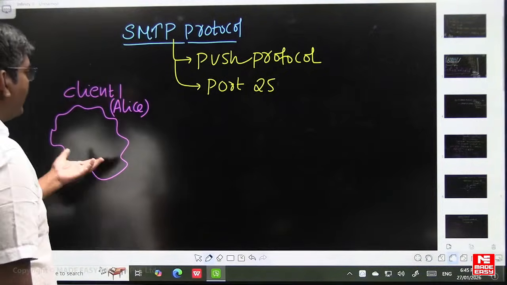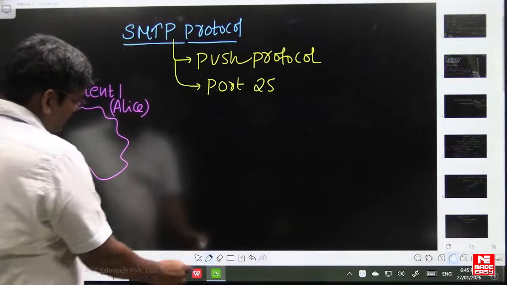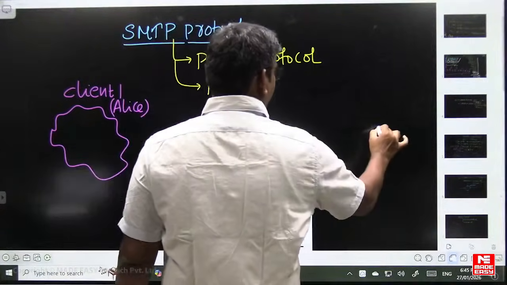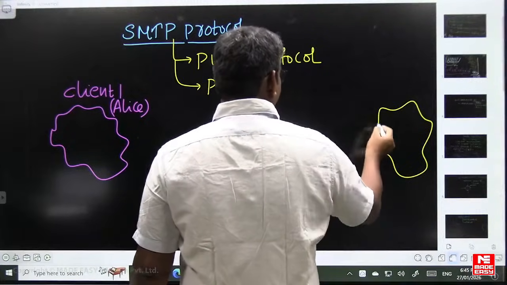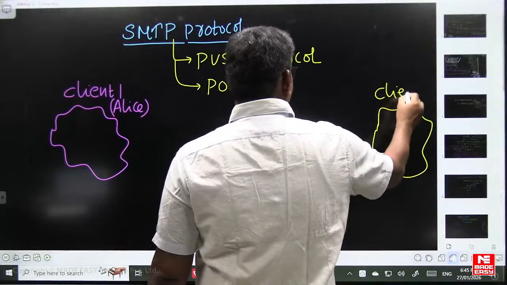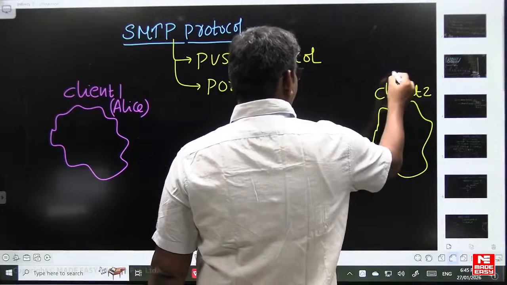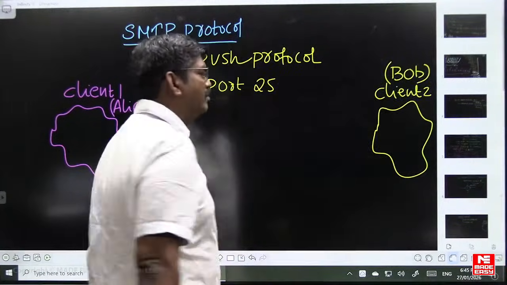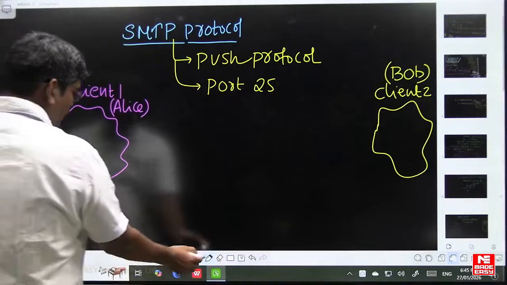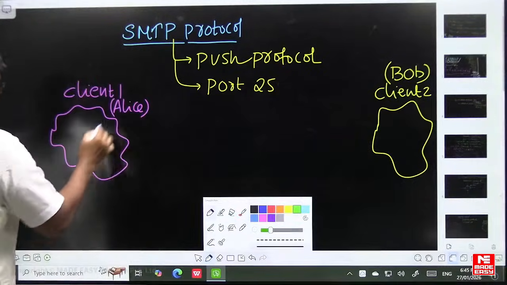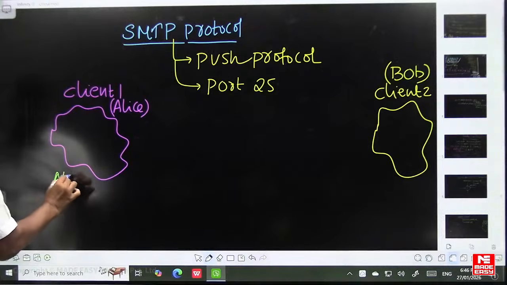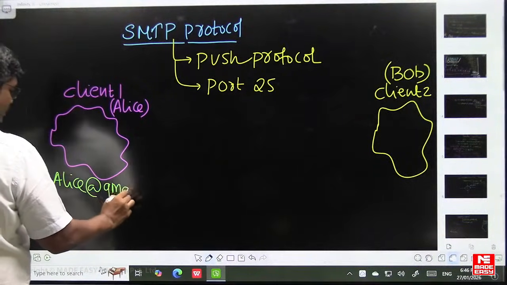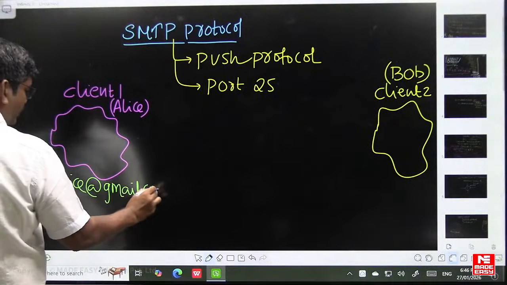I assume that it will have some mail ID. Now here I will call it another client, client 2. To be more specific, I will give a name, call it Bob. I am going to give some mail ID, something like Alice at the rate some, it is going to have some mail ID, that is gmail.com.